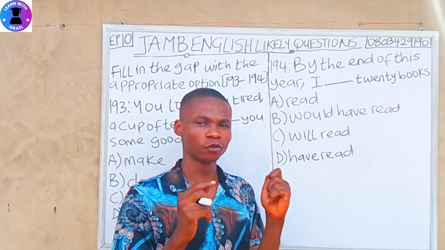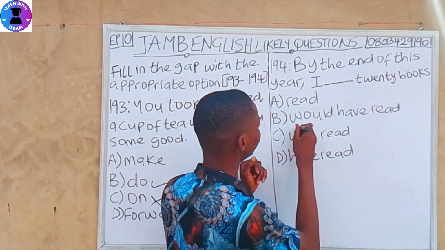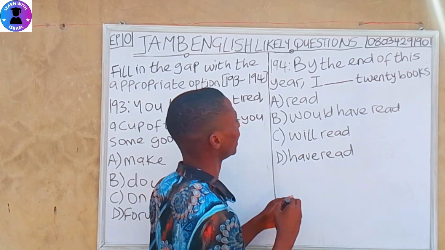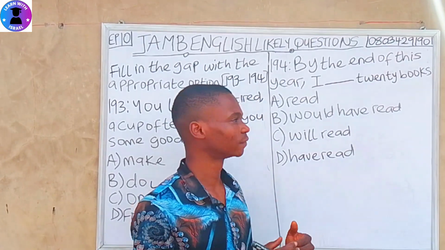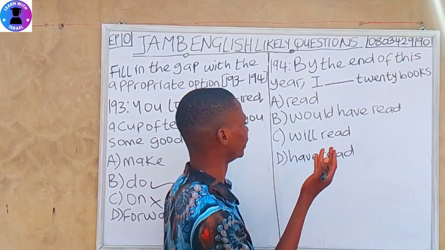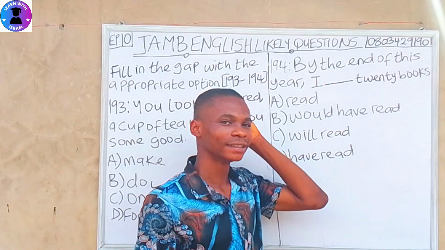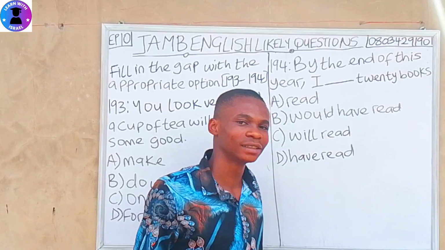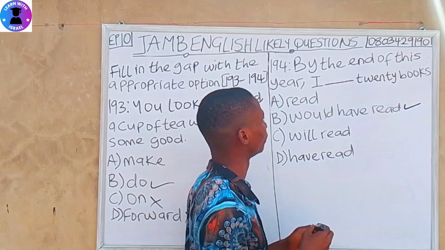So we need a future verb to fit in here, which is would have read. By the end of this year, I would have read 20 books. Have read means past. It means you have read it. But would have read means you are going to read it. That is future tense. So would have read is the correct answer.